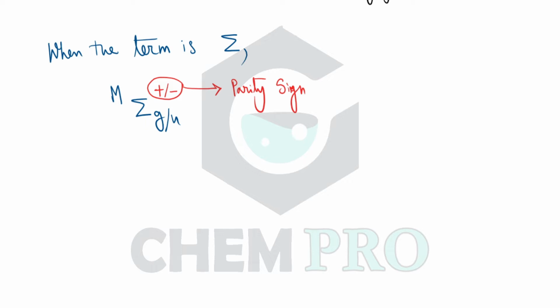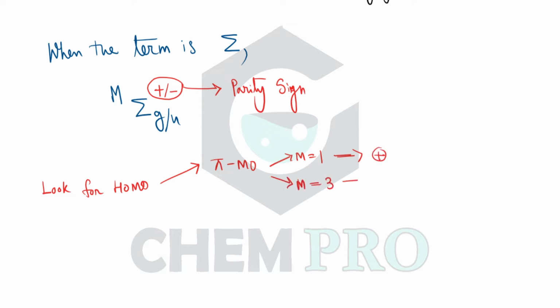For plus and minus we have to look at the HOMO, and if the pi molecular orbital has the m value equal to 1, this will be plus, and if the pi molecular orbital has the m value 3, then it will be minus. And for a sigma molecular orbital it is always plus.